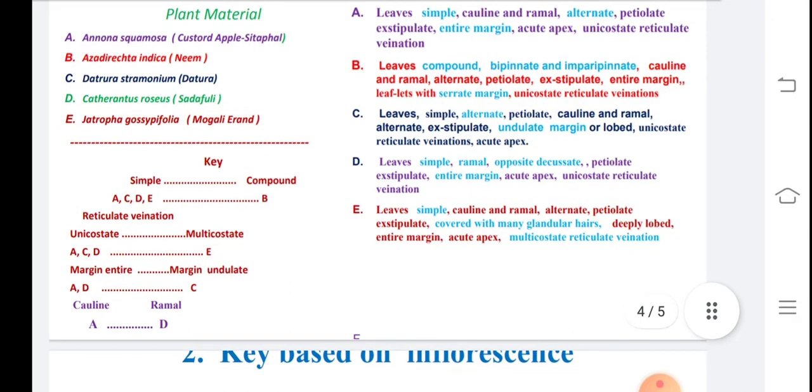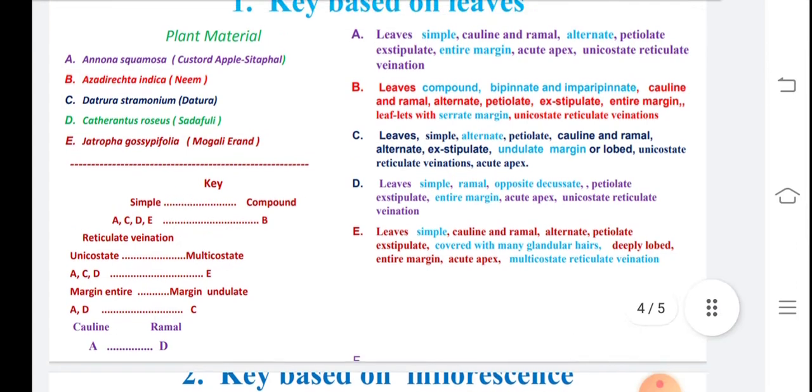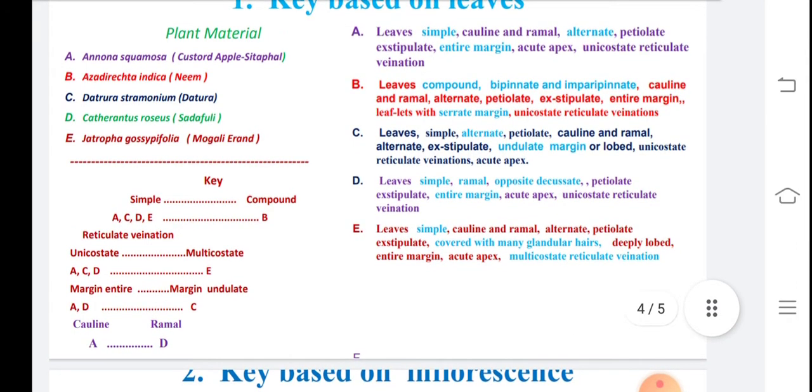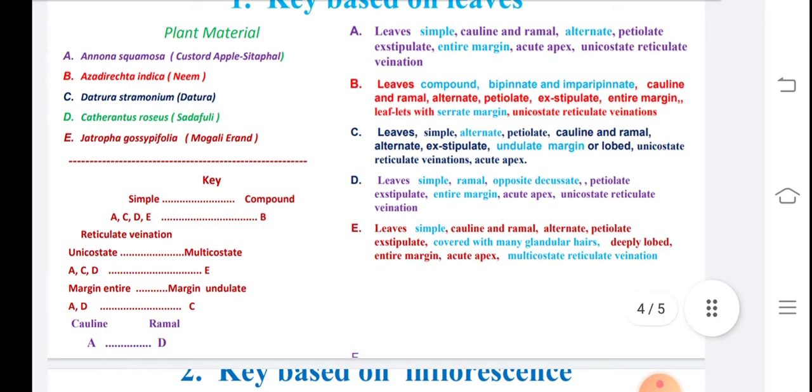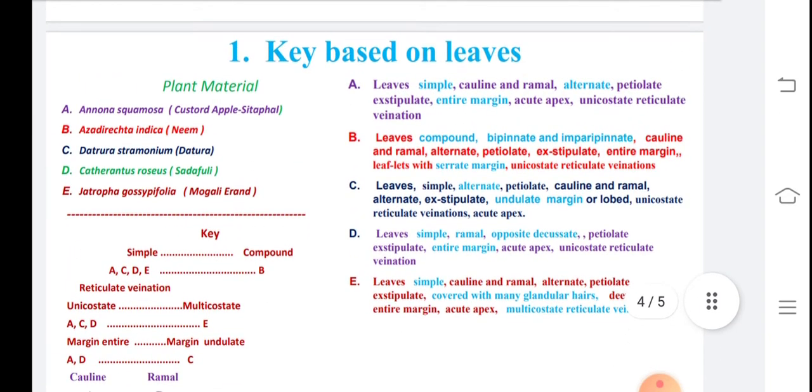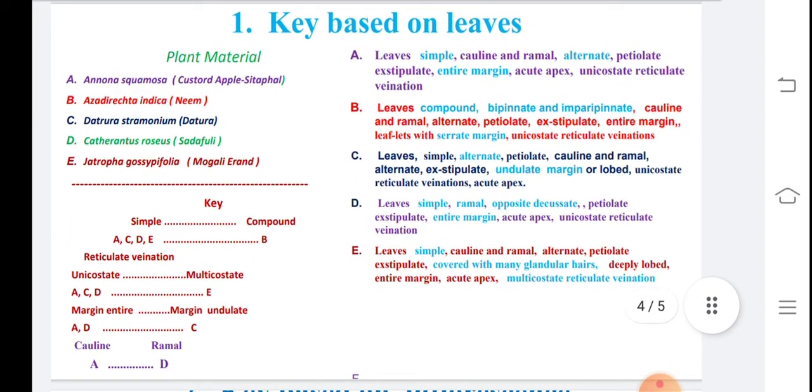And again we may classify this A and D, cauline leaves and the ramal. So cauline means on the main stem. So A material is for the Annona squamosa, on the main stem and the branches are there. So as per this, classification is done, and it is called the key based on the leaves.